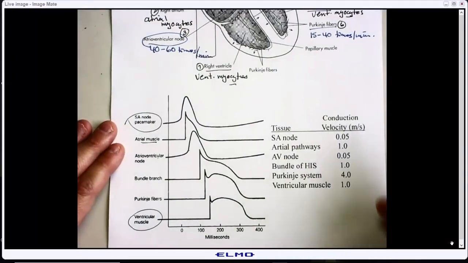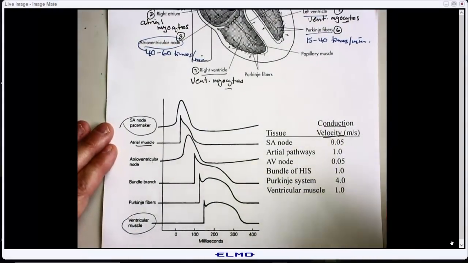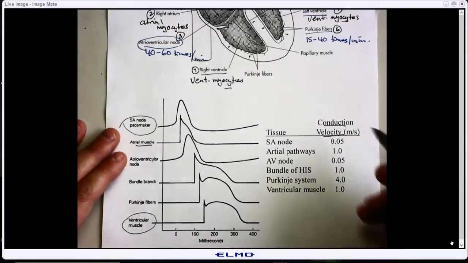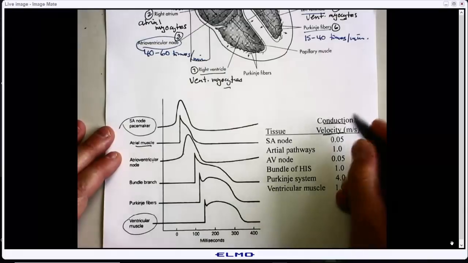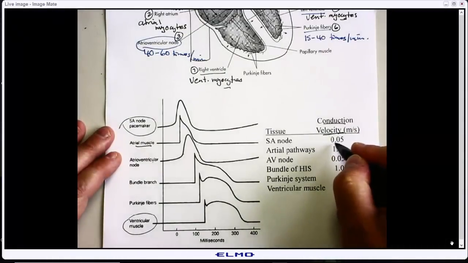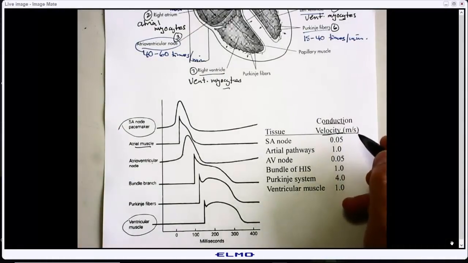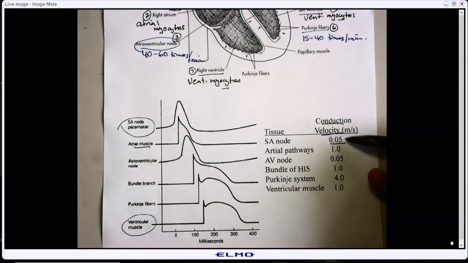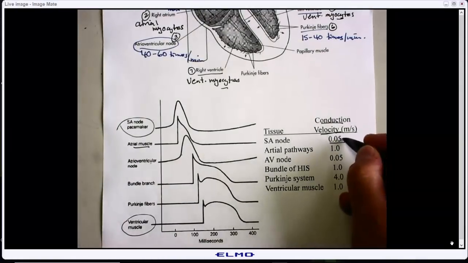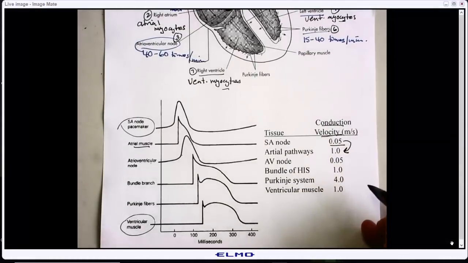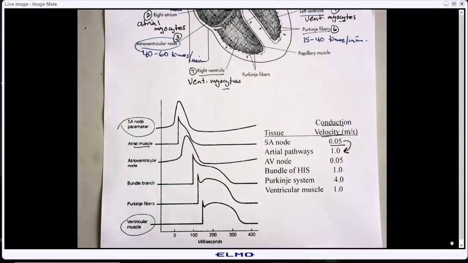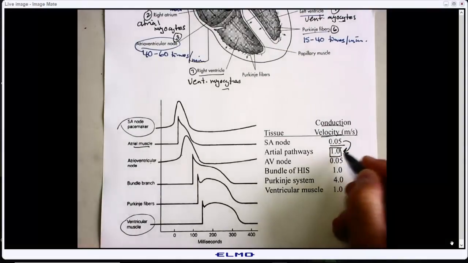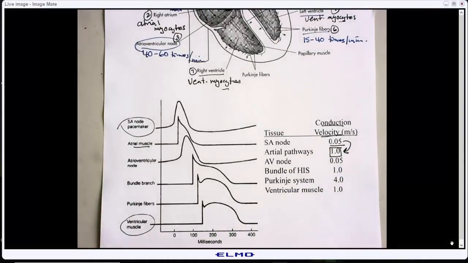Okay? So interestingly, the velocity at which the action potential can move through the tissues differs a little bit. The SA node is quite quick in how quickly it can move its action potential. When it passes its action potential into the atrial myocytes, it can pass its action potential across all atrial myocytes wicked fast.